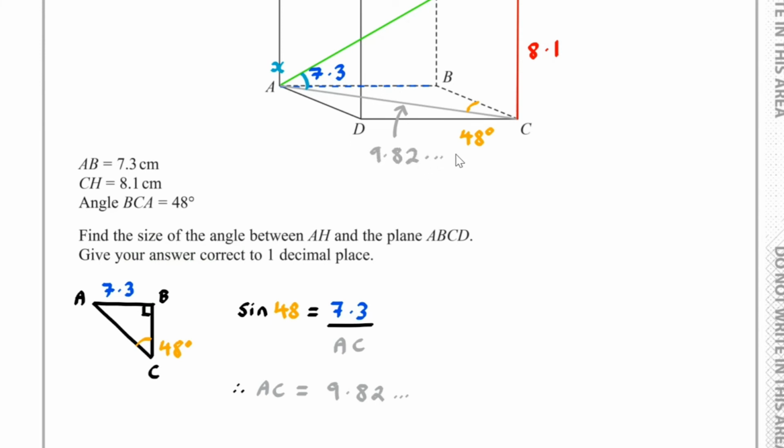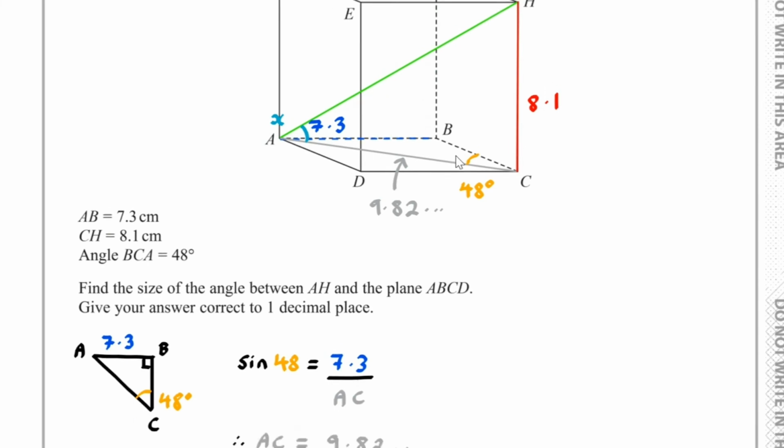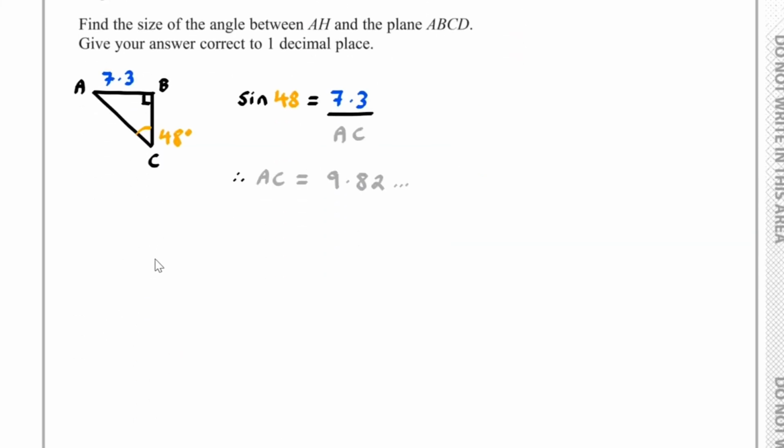So this length here is 9.82, etc. Now if I draw the triangle ACH, I'm finding this angle. I've got the side AC, which is 9.82, etc. And then here I've got 8.1.